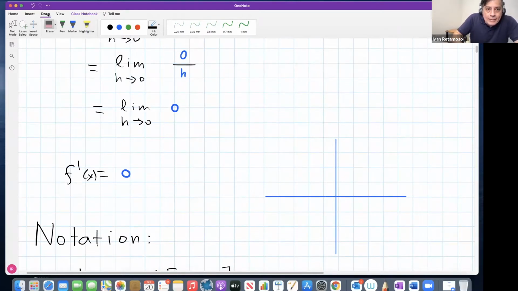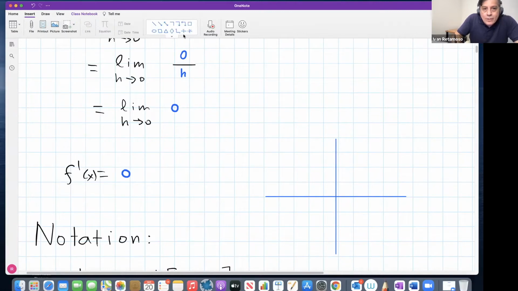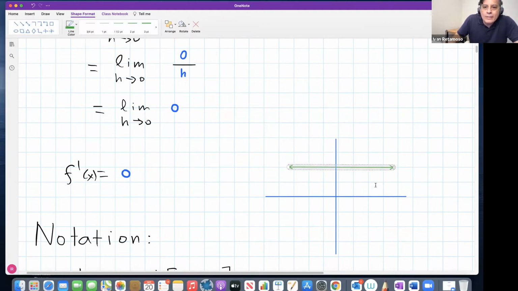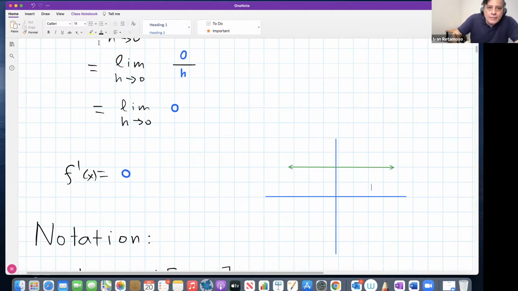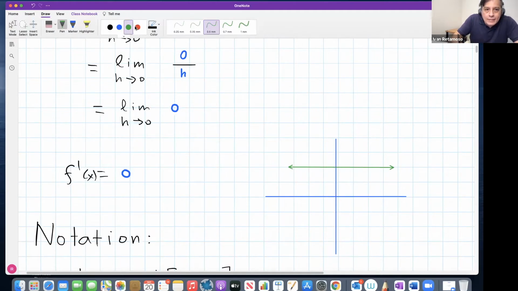So now, if you draw a tangent line at any point along the graph of the constant function, it's not hard to see that the tangent line, if you take any arbitrary point on the constant function, will coincide with the graph of the constant function itself.